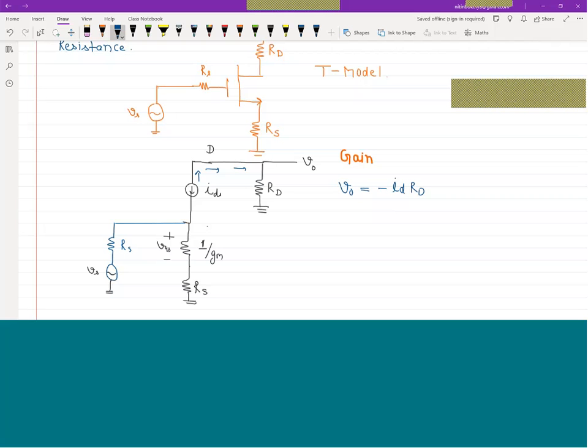What is the value of ID? So you can say this current goes through here.